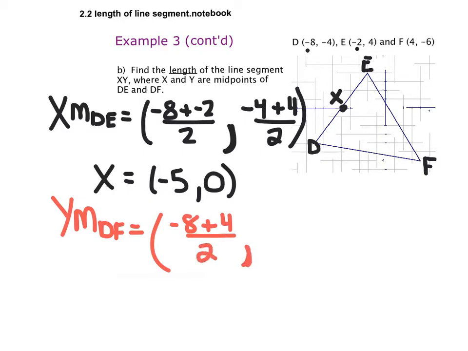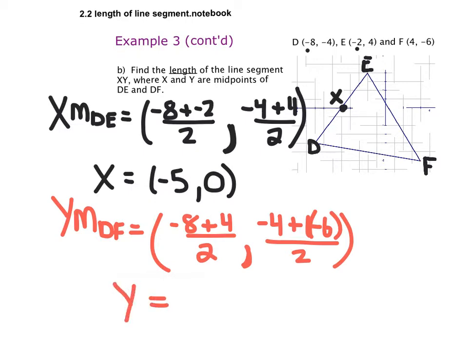That's our X, and then comma, we'll look at the Y's, -4 plus -6, okay, divided by 2. And we find out, so we're going to label this Y, okay, that we get -2 and -5 as our point. So we can graph that, so -2, -5, and that's our Y coordinate.